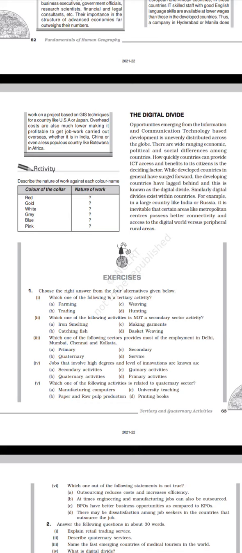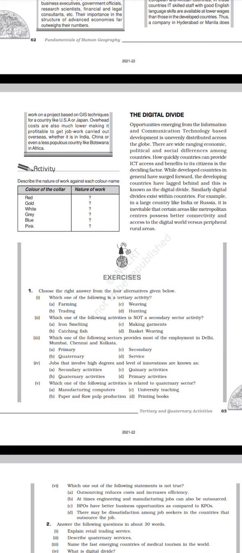The digital divide. Opportunities emerging from information and communication technology based development are unevenly distributed across the globe. There are wide ranging economic, political, and social differences among countries. How quickly countries can provide ICT access and benefits to its citizens is the deciding factor.